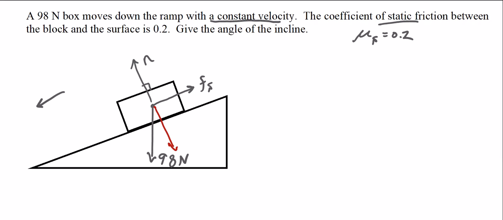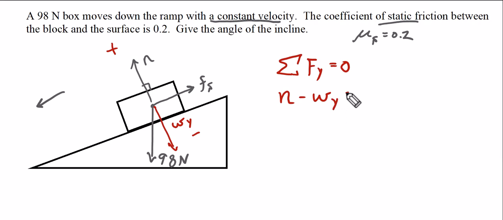We can start off easy by focusing on the y-axis. This box is not moving away from the ramp in an upward direction, it is not drilling itself into the ramp. The y-axis is balanced, it's equilibrium, it's first law. If I assume up is positive and down to be negative, we get normal minus the vertical component of the weight is equal to 0.